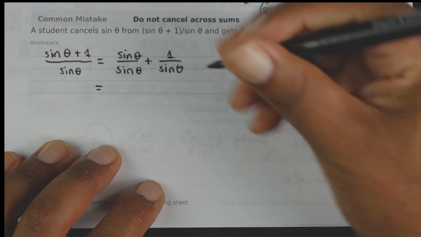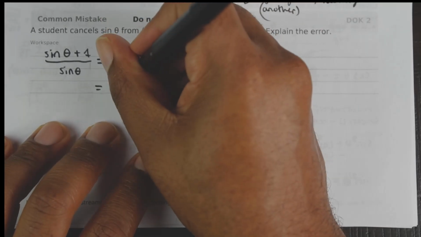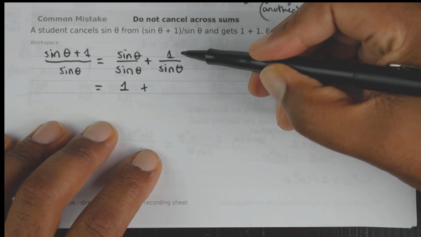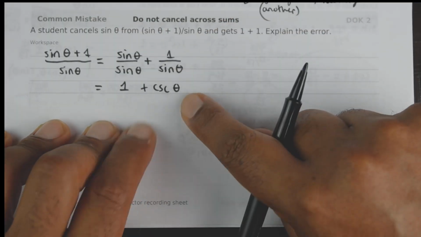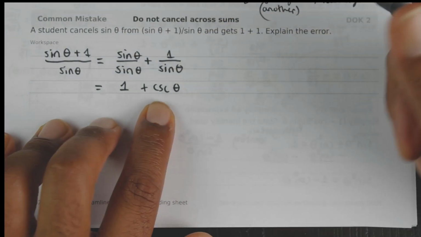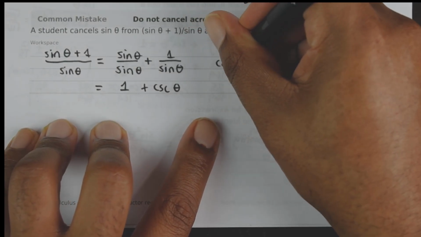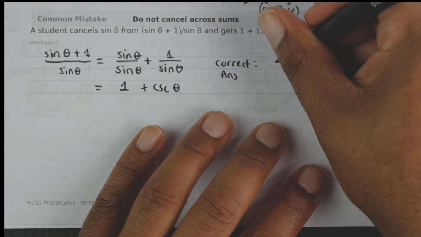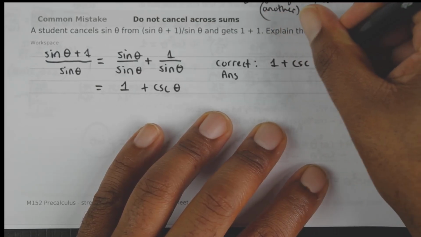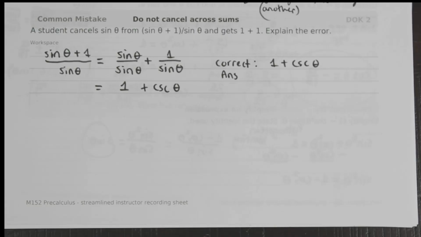And then sine theta over sine theta is the same as 1. And then 1 over sine theta is the same as cosecant theta because that's a reciprocal. Okay. So the correct answer is actually 1 plus cosecant theta. And the rule is simple. You may cancel common factors, but you may not cancel across addition or subtraction. You can't do that.